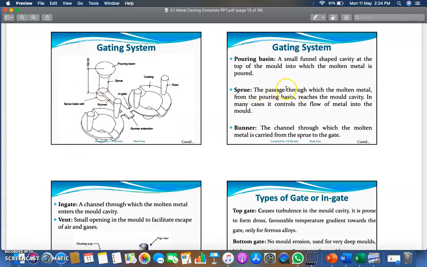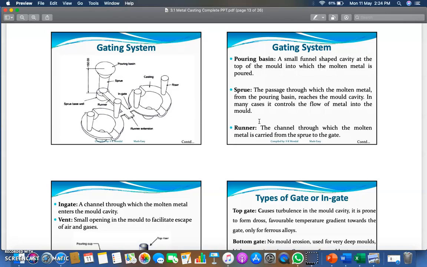This passage, through which molten metal from the pouring basin reaches the mold cavity, is directly connected with the mold cavity, gate, and pouring basin. In many cases it controls the flow of the metal into the mold. Definitely, if it is a passage, then it can control the flow of metal in the mold, so that should be considered in the sprue.